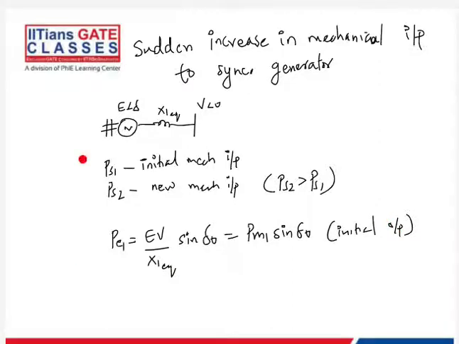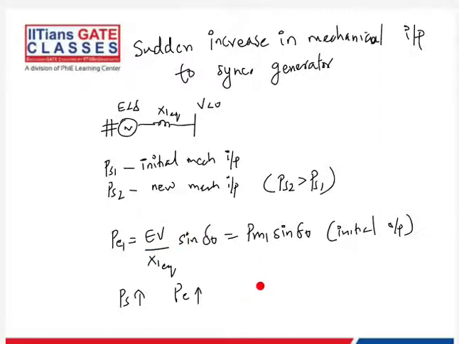So what happens now? PS has changed. When PS increases, PE also will increase. In this given setup, EV and X don't change. The only thing that would change is delta.